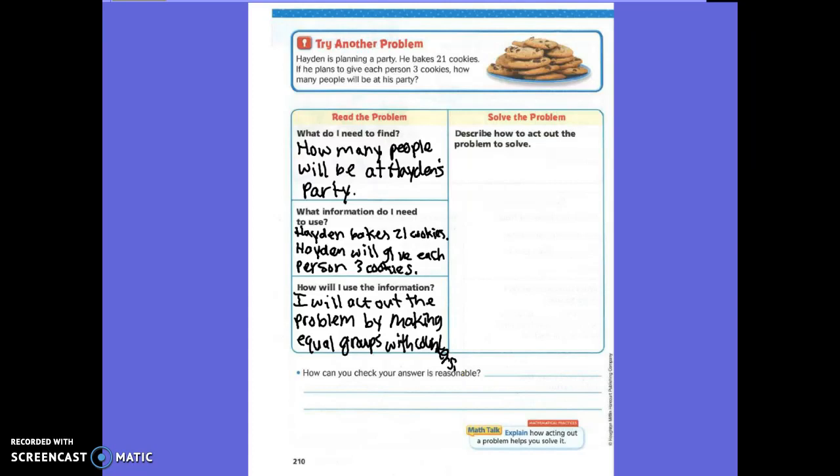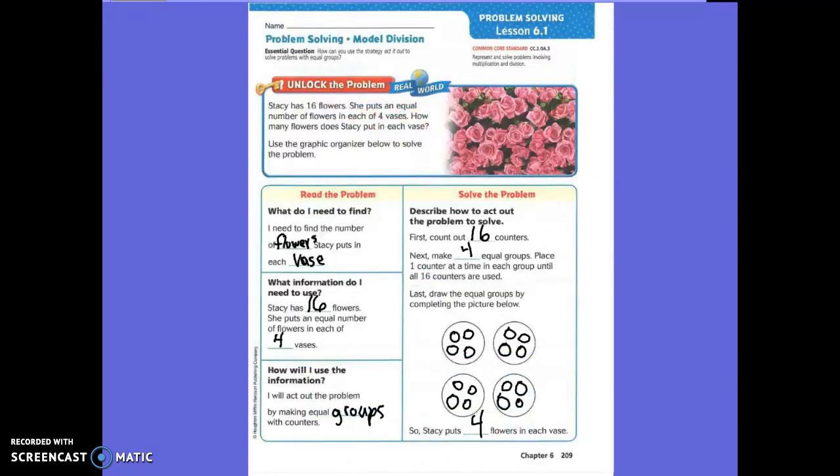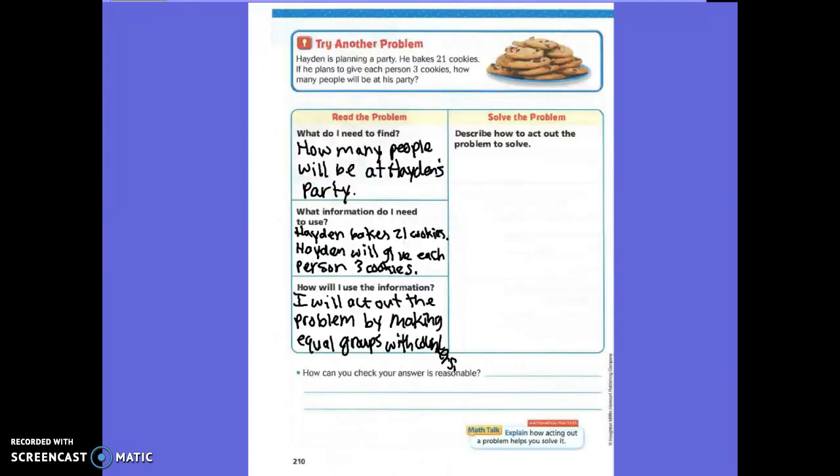Okay, now we're going to describe how we're going to act out the problem. On the previous page, the problem said the first step was to count out 16 counters, right? What should we say for this one? First, what are we going to do? First, count out 21 counters.